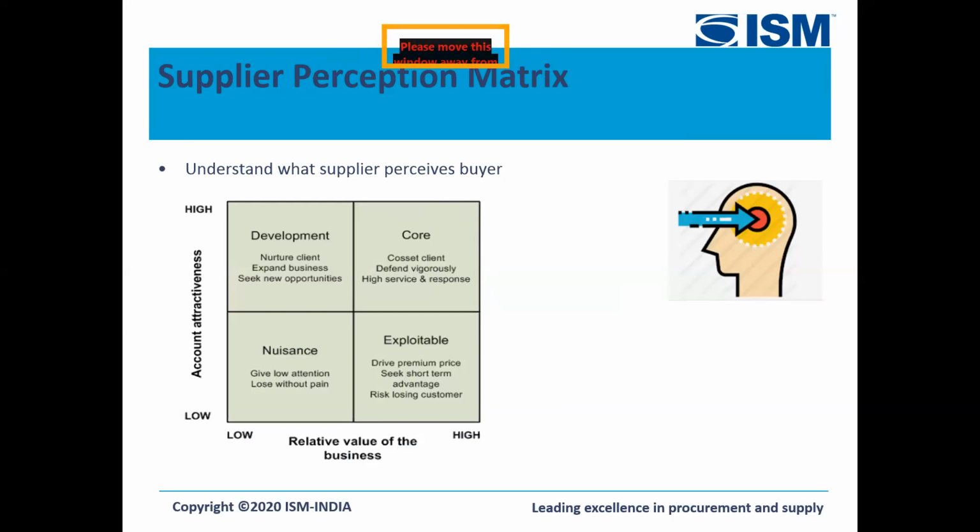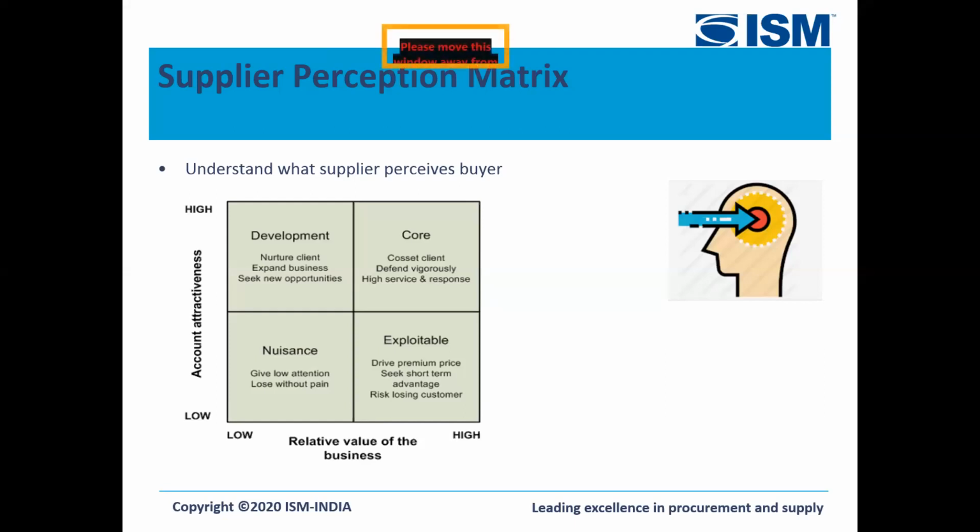So similarly we derive a matrix here as well, basis the value of business that we are giving, and the probable account attractiveness that the supplier looks at us on the scale.